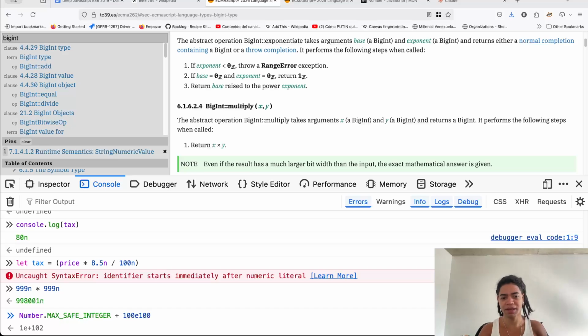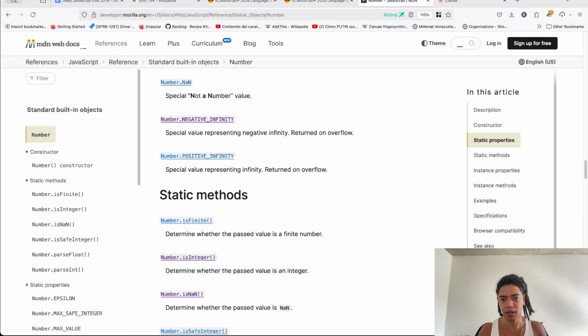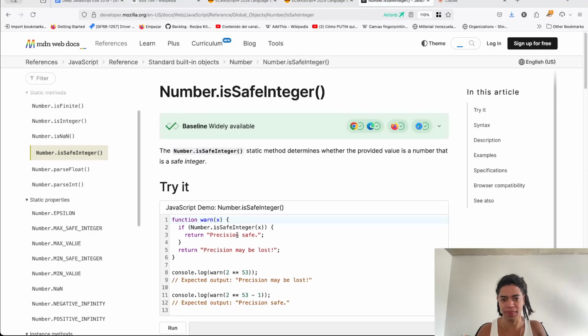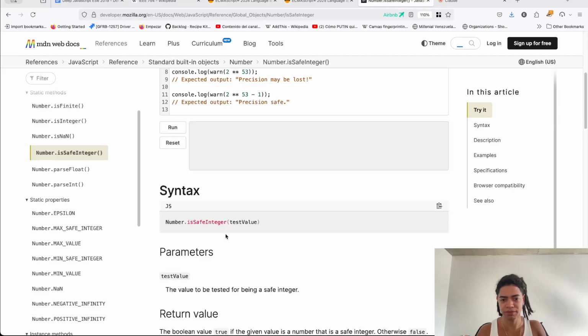Again, this is the maximum safe integer that you can represent. More than that, the consistency of the number you're going to store is not guaranteed.